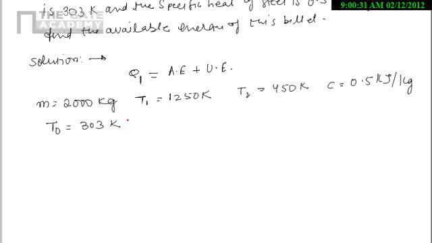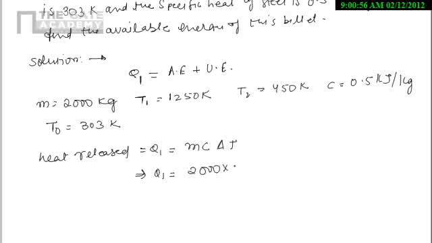So first of all, we can find Q1, that is the heat released during this process. Heat released during this process is the source of energy, that is Q1. We know the formula mc delta T. So for Q1, m is 2000 into 0.5 into del T, that is T2 minus T1, which is 450 minus 1250.